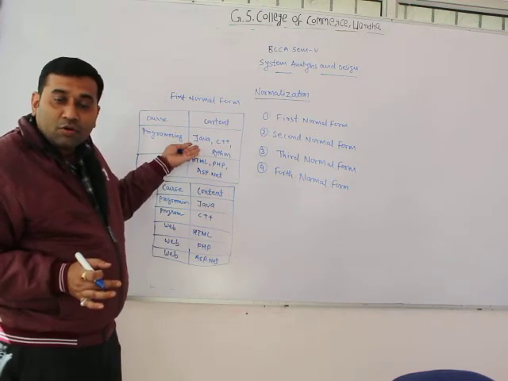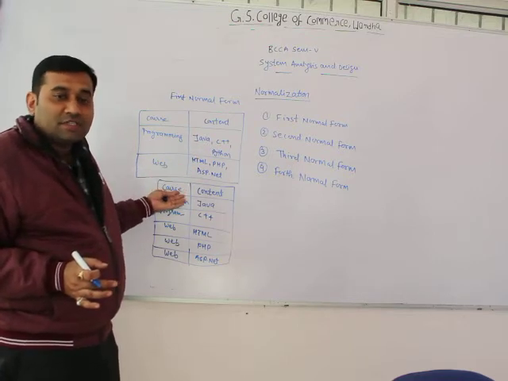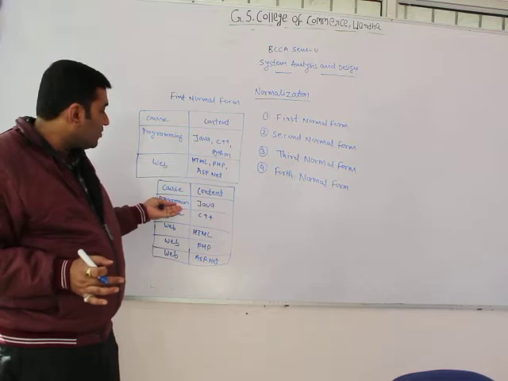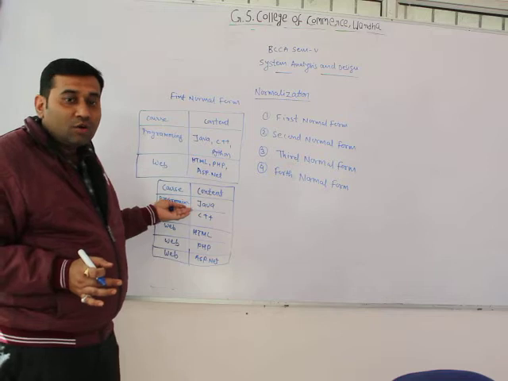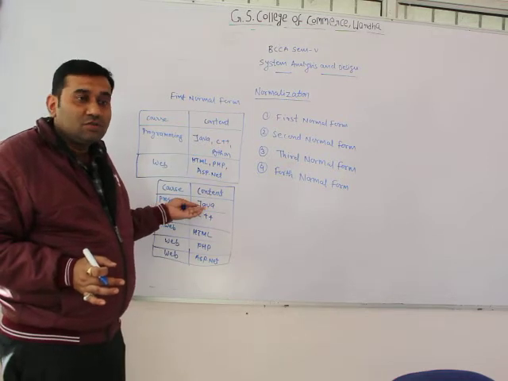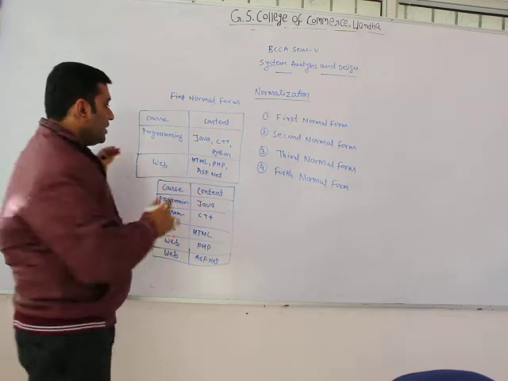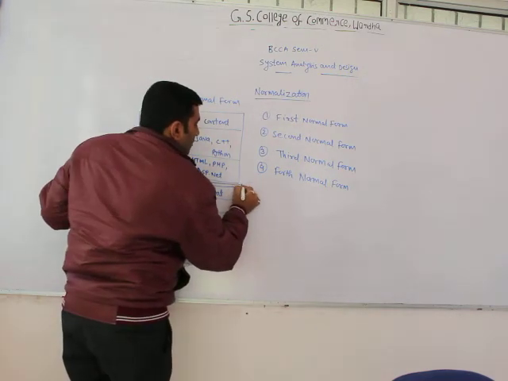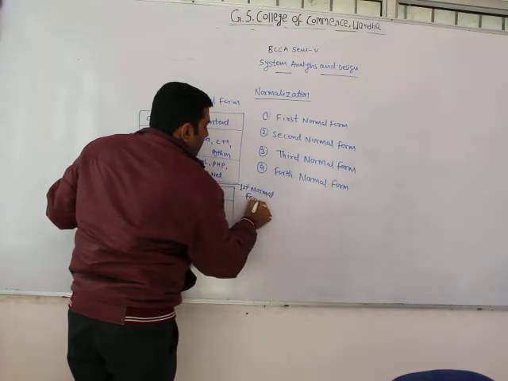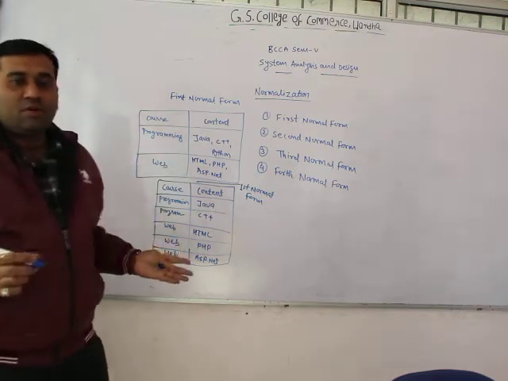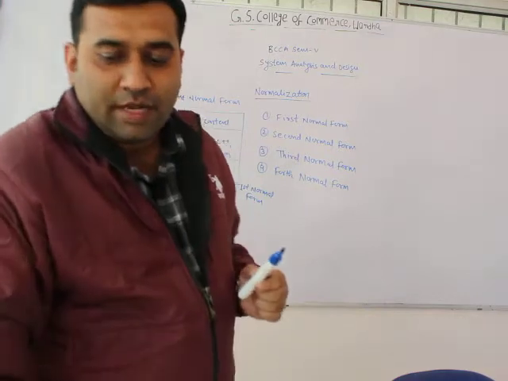Here it held multiple values, but when you convert this table into first normal form, these attributes contain only a single value. There is no multiple value. In this way, this table is converted into first normal form. The first normal form cannot hold multiple values; it holds only a single value attribute.